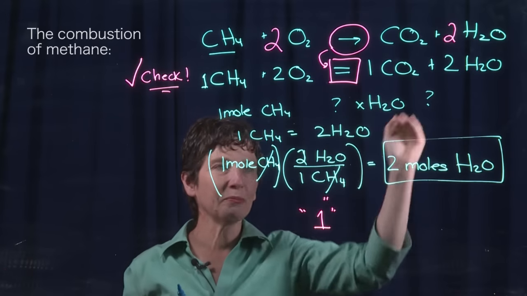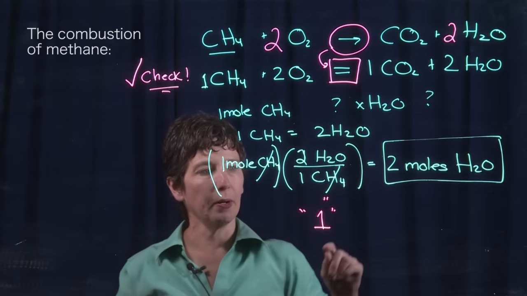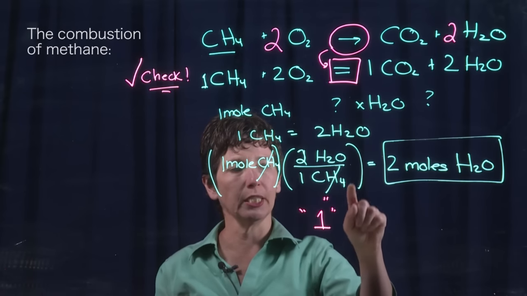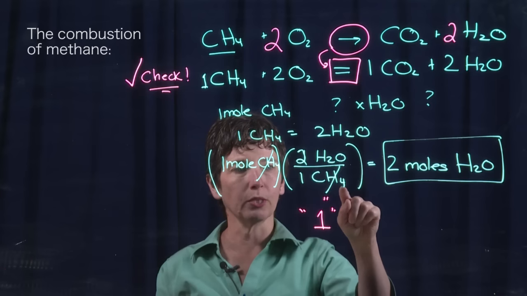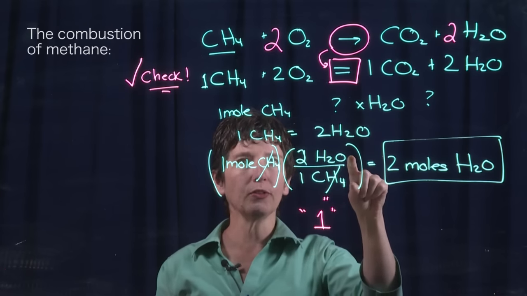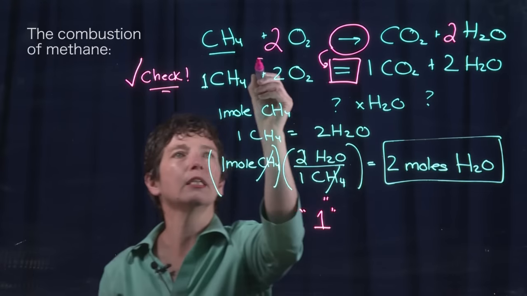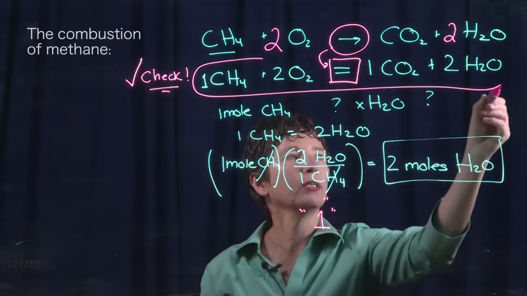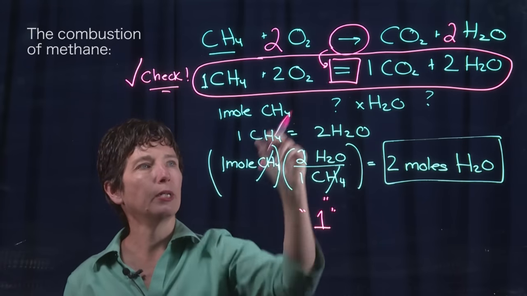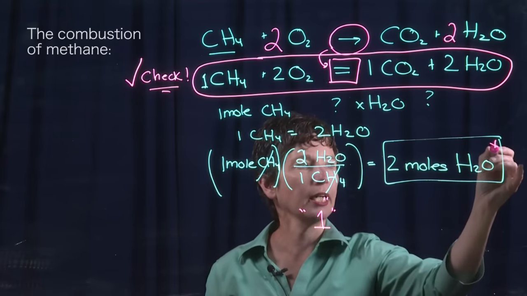That might seem obvious because that is what the balanced equation said, but I'm going to show you in a minute that writing this equation explicitly in terms of an equation between equivalent moles of methane and water, where the equivalence is defined by our balanced chemical equation, and recognizing how it has a mathematical analogy, gives us an answer.